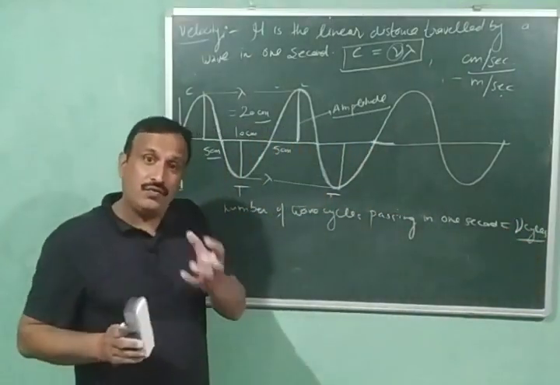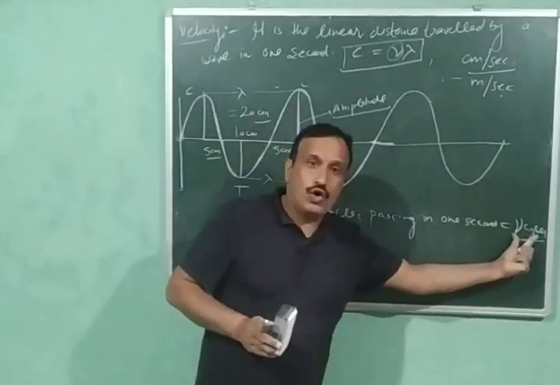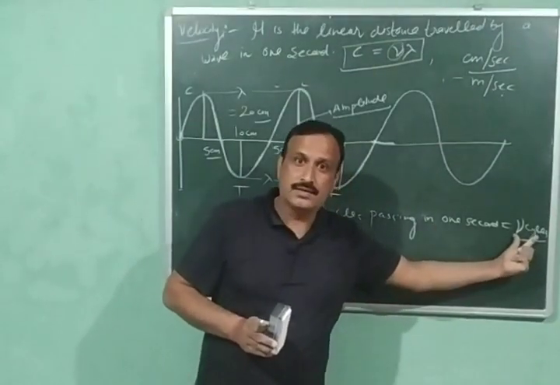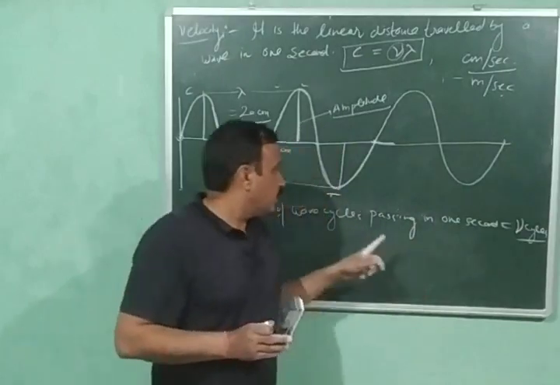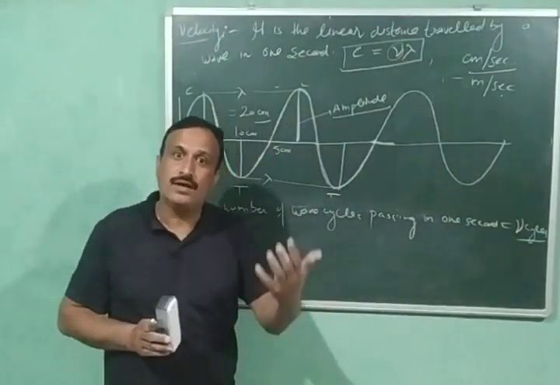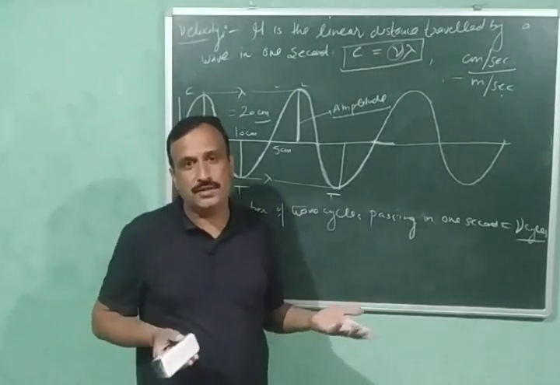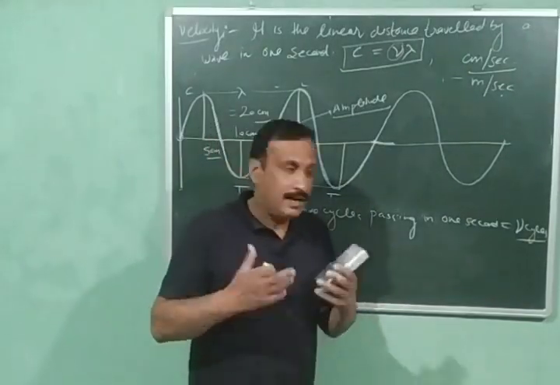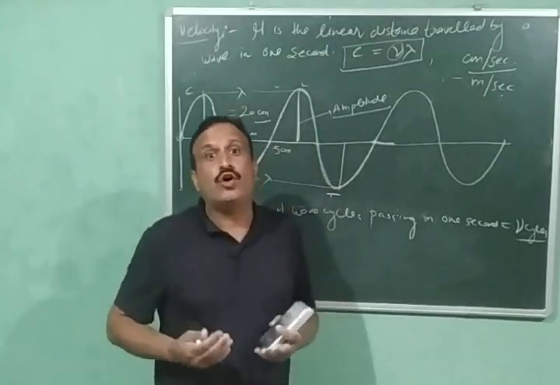Okay, and if we can calculate the length of these nu cycles, then that would be the distance traveled in 1 second, and the distance traveled in 1 second will be what? Velocity. Understood?